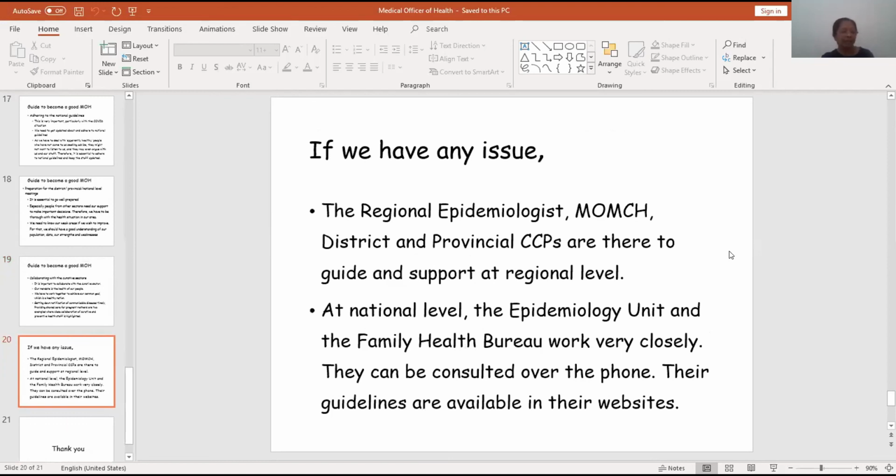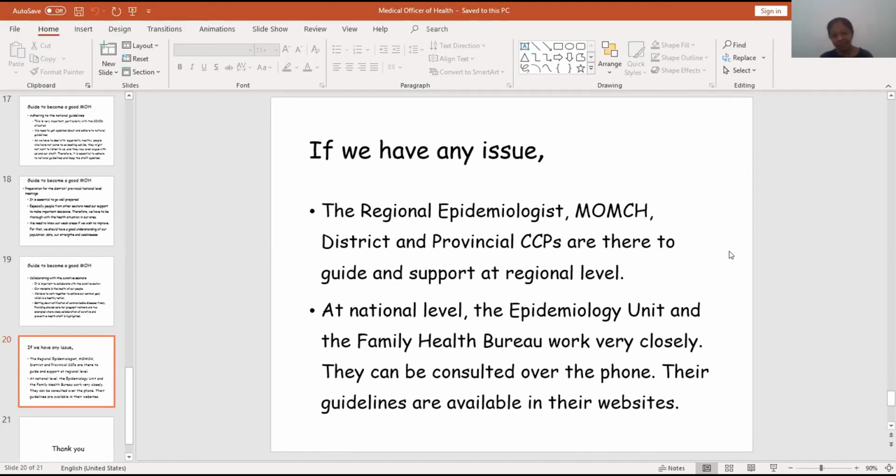And lastly, we know that there are regional epidemiologists and maternal and child health MOs at the district level. At the district level, there are also consultant community physicians who guide us technically. So they all help us at any time.